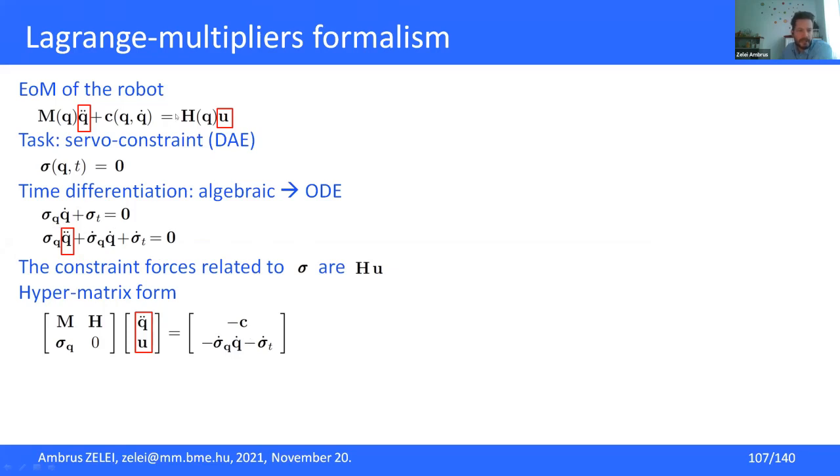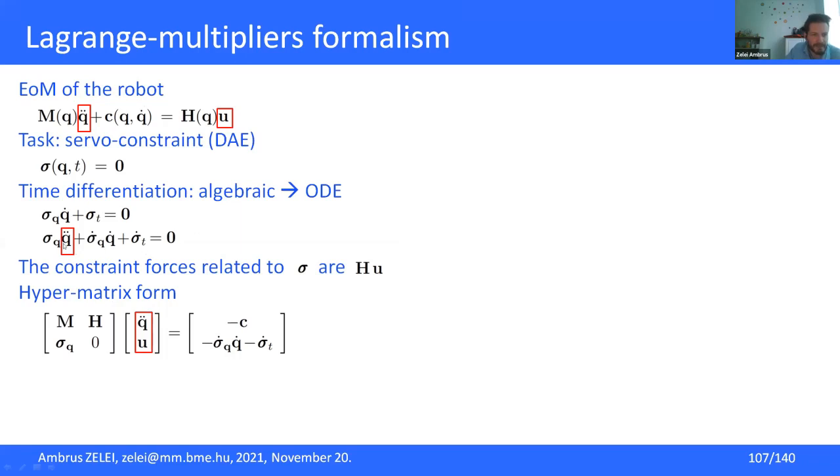And if we take these two equations, basically they can be put into a hypermatrix form. So this line is representing the first equation, the dynamic equation. So M times q double dot plus minus H times u. There is a missing minus here. So H times u is put on the left hand side. So this should be minus H times u, which equals minus c, which is put on the right hand side.